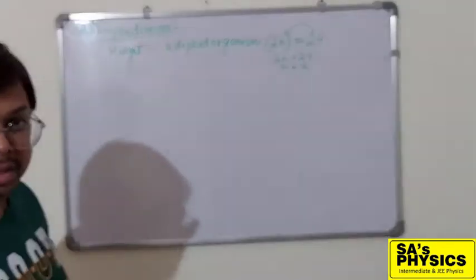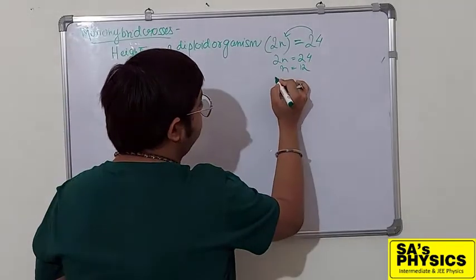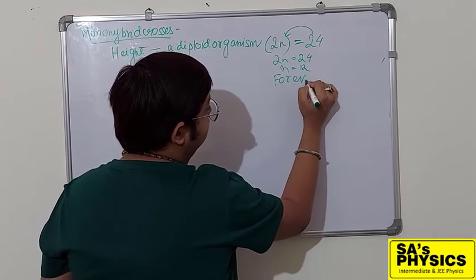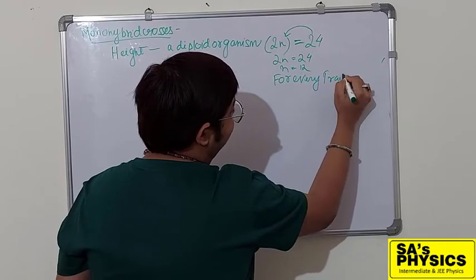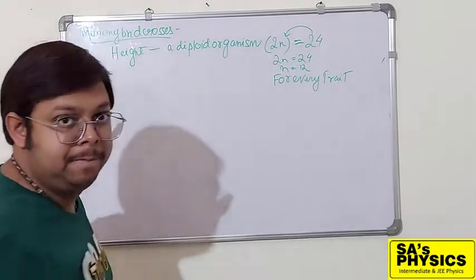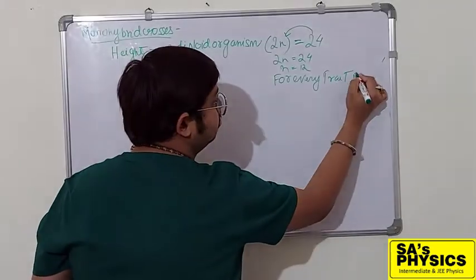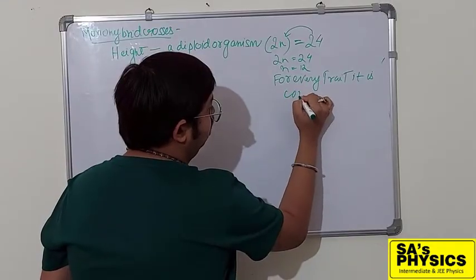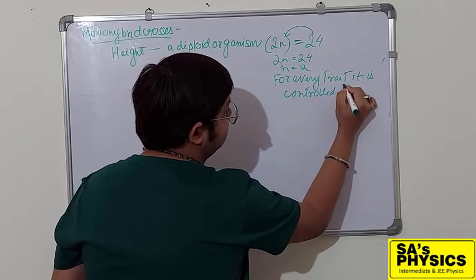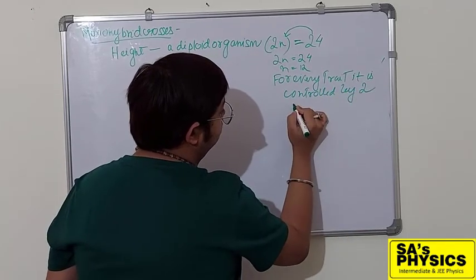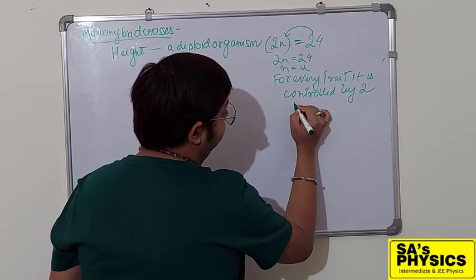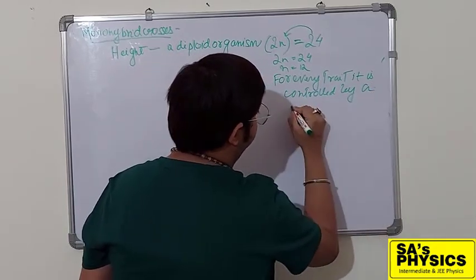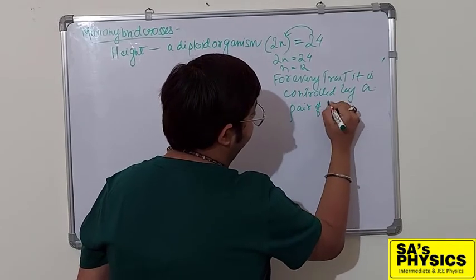What this essentially means is that every trait is controlled by two, or rather we can say by a pair of factors.